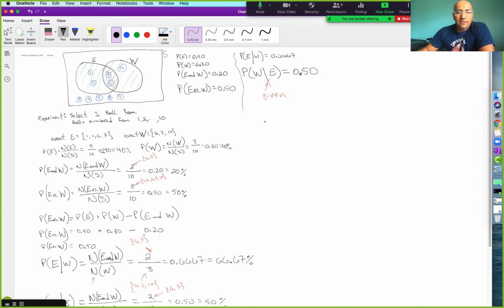Okay, now back to notation. Let's go back to E given W. We said that this is equal to the number of ways in which E and W can occur, divided by the number of ways in which W can occur. It's divided by the number of ways that W can occur, because remember, this means given.